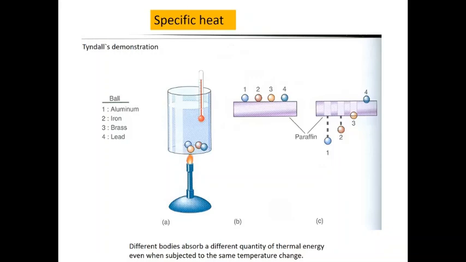Iron is the second, brass is the third, and lead is fourth. That means that depending on the material, each material has a different so-called thermal conductance or thermal conductivity. So heat can flow from one body to another, from the ball to the paraffin, depending on the specific heat.